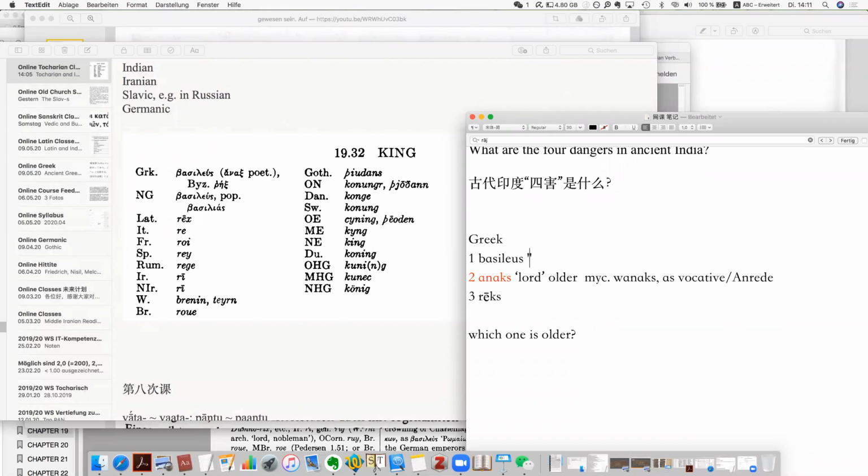So this is actually a king, fulfilling certain social duties, responsibilities, or some jobs. It's a little bit of an institutional thing.